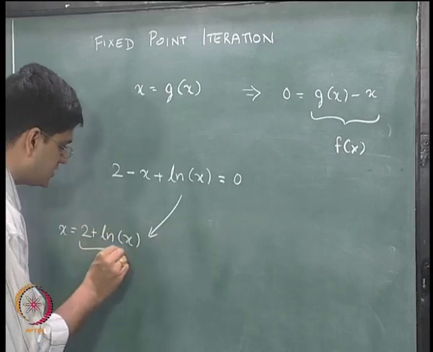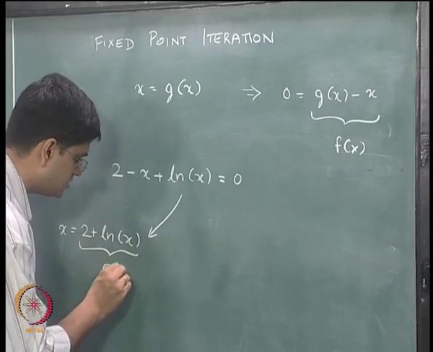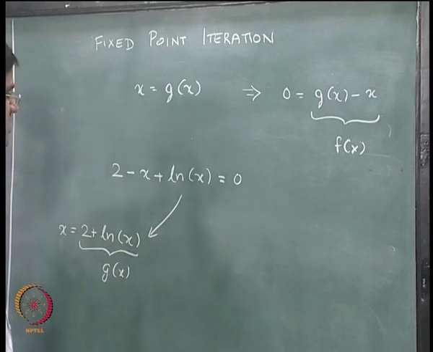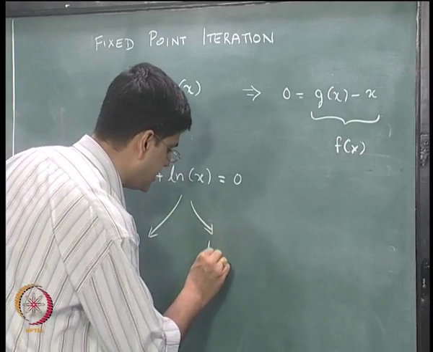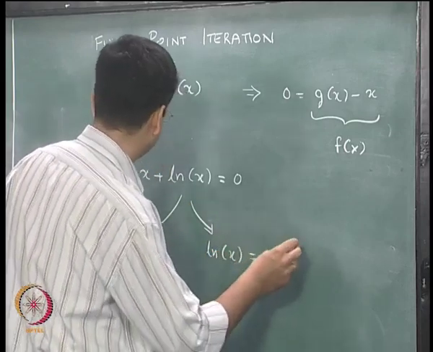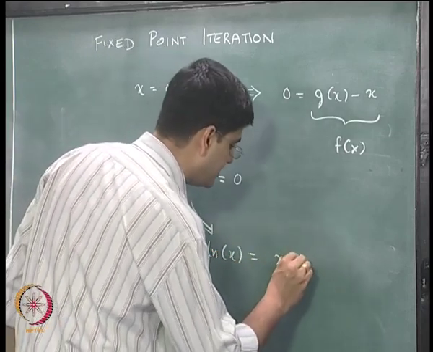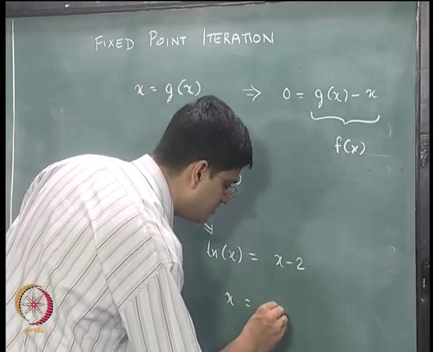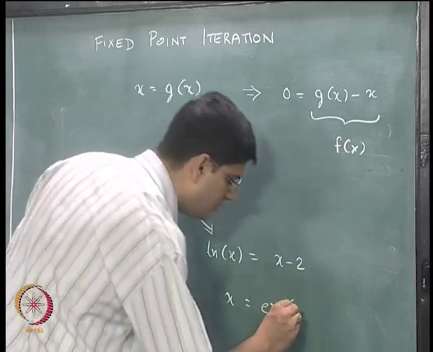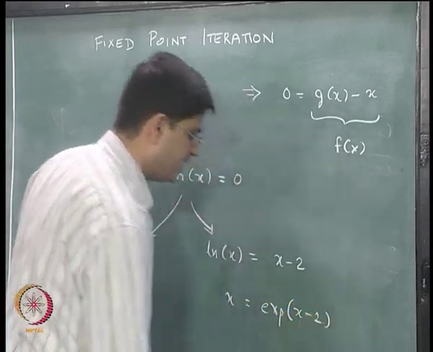In that particular case, this becomes our g of x. The other way to write this is ln of x is going to be equal to x minus 2, or x is going to be e to the power x minus 2.